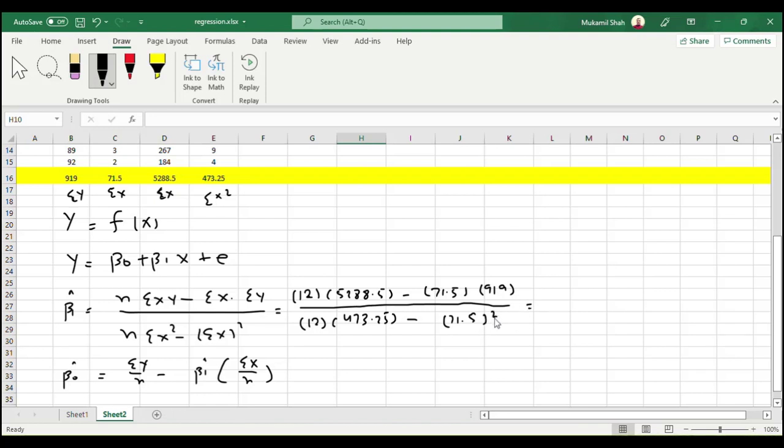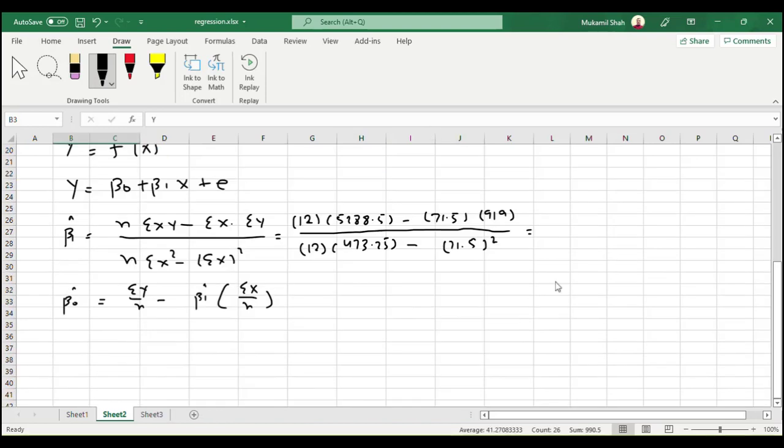Overall if we calculate it, we will get minus 3.96.